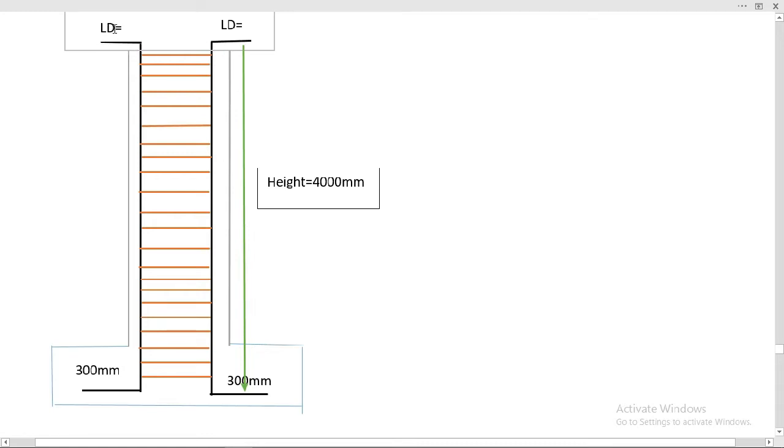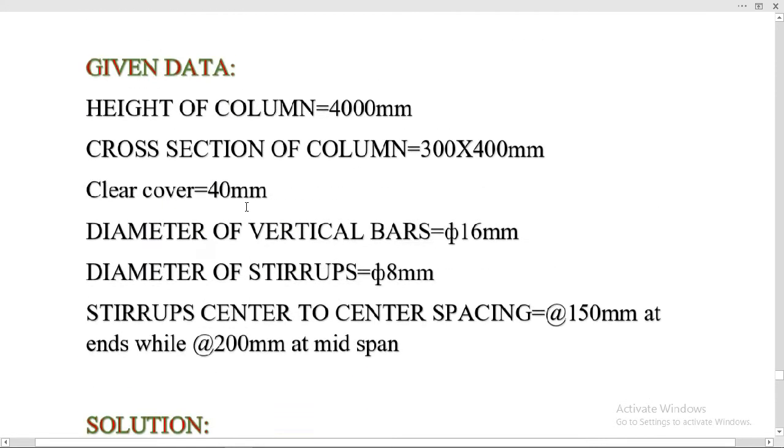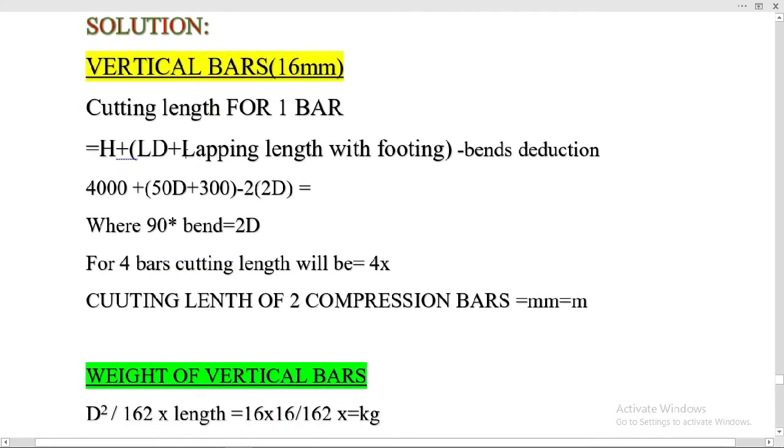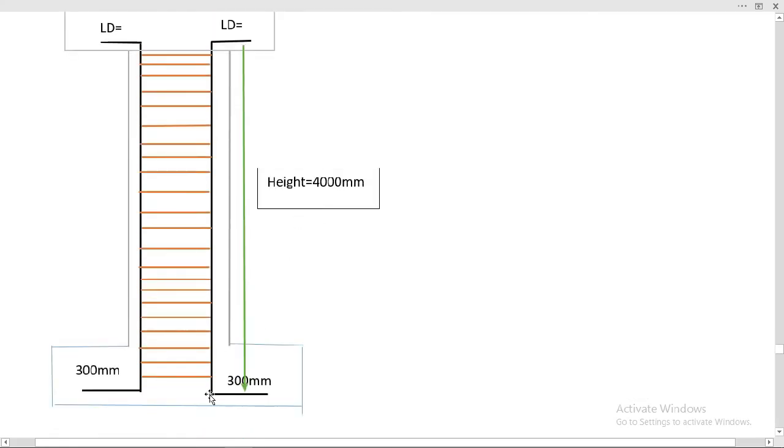So this is development length, how much we require, we calculate by the formula LD. Plus lapping length with footing, lapping length of the column longitudinal bars with the footing. This is the lapping length, 300 millimeter for each longitudinal bar.